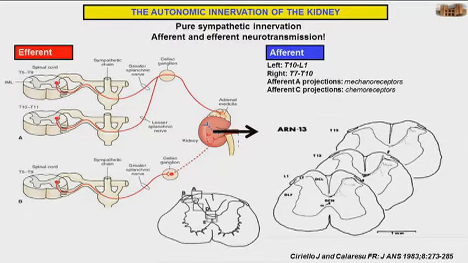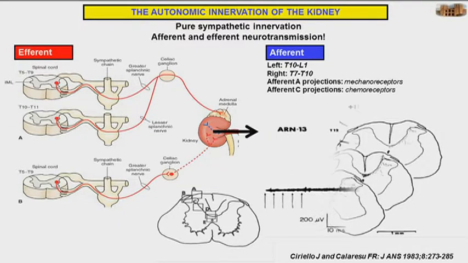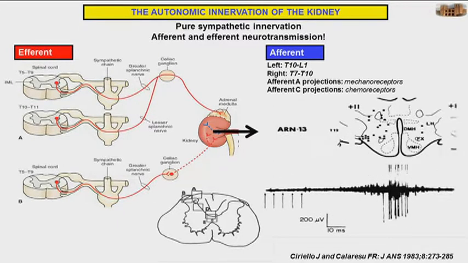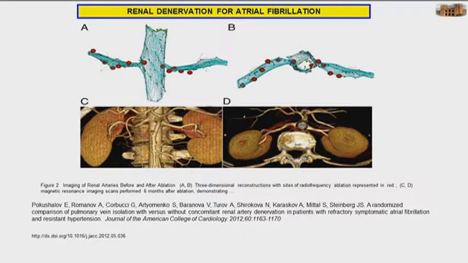So the other autonomic intervention that's worth talking about is, of course, renal denervation. The kidneys are very fascinating because if you stimulate renal nerves, you can record from the medulla. You can actually get electrical recordings. These afferents project to the higher centers, which control central sympathetic outflow. And there is some early data.